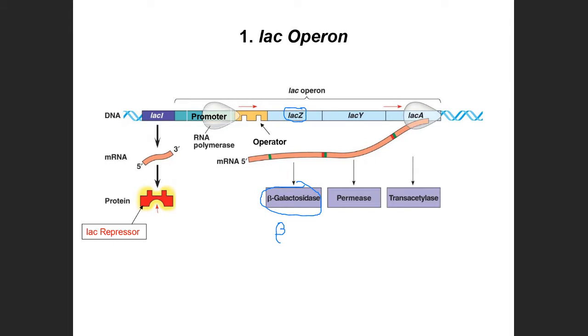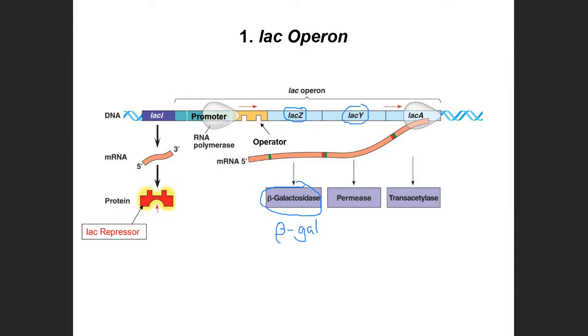This gene was used quite a bit in labs, and in labs, whenever the protein enzyme was produced using this gene, instead of saying beta-galactosidase, they would say beta-gal, so know both. There's the second gene called the LacY gene.